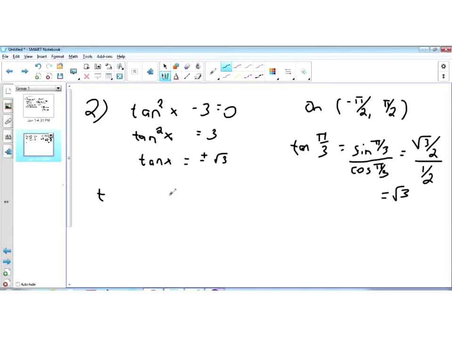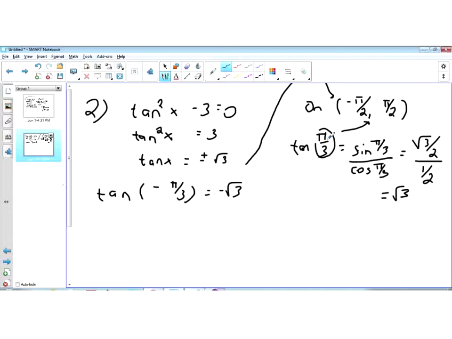And we also know that the tangent function is an odd function. Before I proceed with that, bear in mind that pi thirds is in the interval from -pi over 2 to pi over 2. Now, moving on, the tangent is also an odd function, so the tan of -pi thirds is equal to the negative of the square root of 3. And negative pi thirds is on this interval as well.